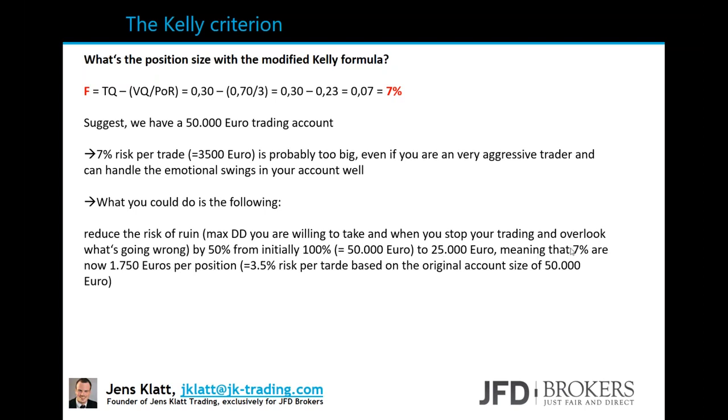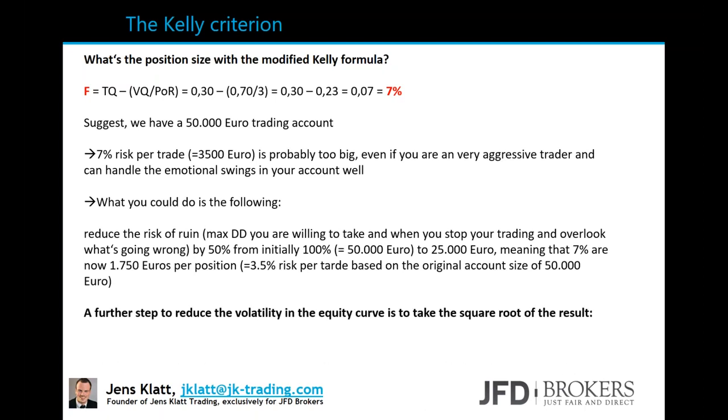Meaning that if you're then taking 7%, it's now half of 3,500, which is 1,750 euros per position. This is 3.5% risk per trade based on the original account size. By the way, by doing that, you still get the optimal capital growth of 75%, which is still quite good.